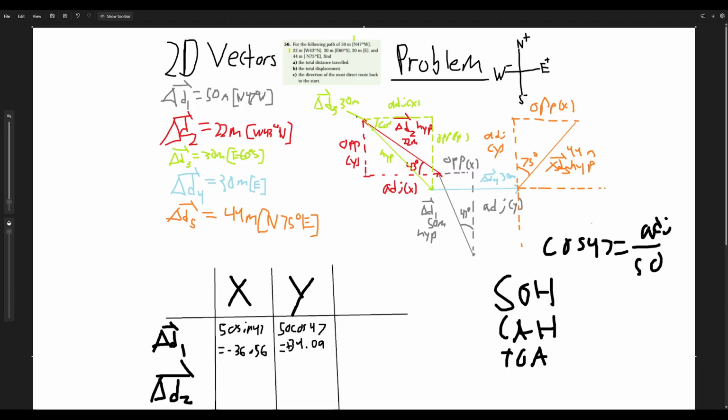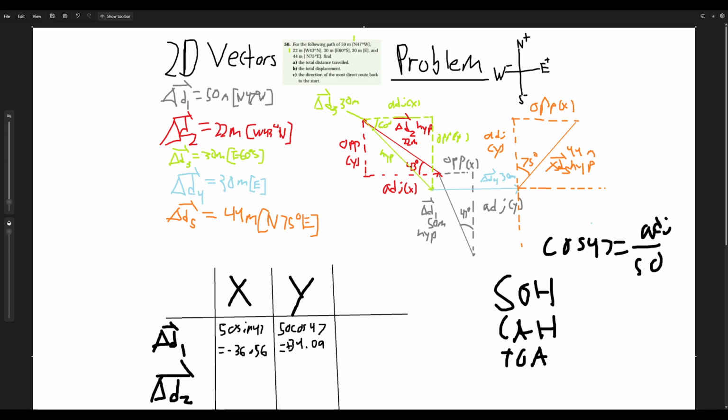Now the second displacement, 22 meters west, 43 degrees north. It's kind of hard to see with the third displacement intersecting with the second displacement lines, but that's why I put it in different colors. Our angle here is 43, our opposite is our y, and our adjacent is x. If we want to solve for adjacent first, we use cosine.